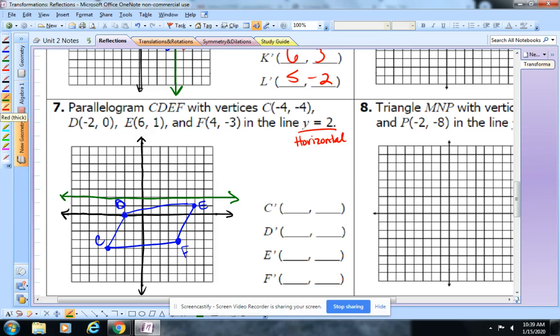So E is 1 space, so I go up 1 for E prime. I don't want green, I want red. F is... How many spaces is that? I think so. So I'm going to go 5 the other direction.